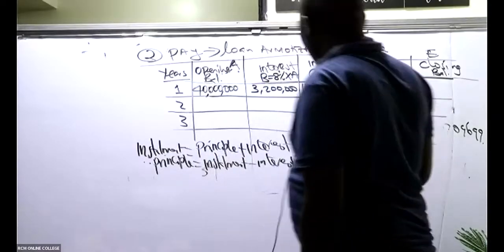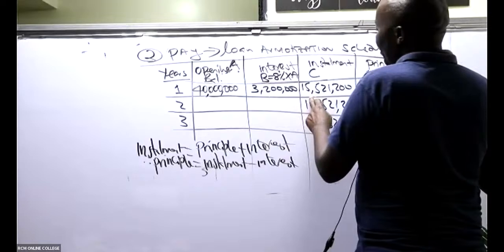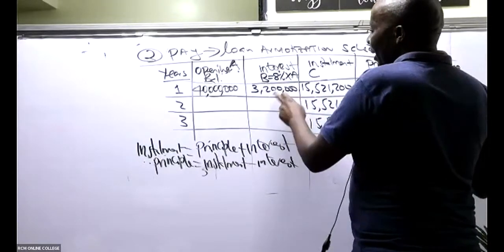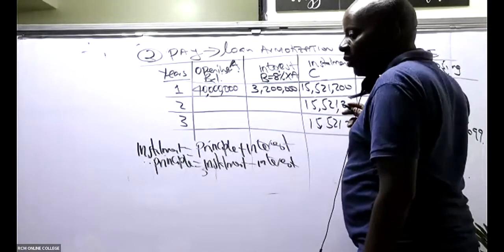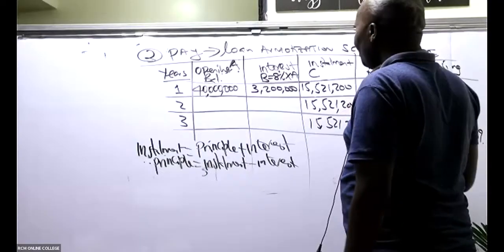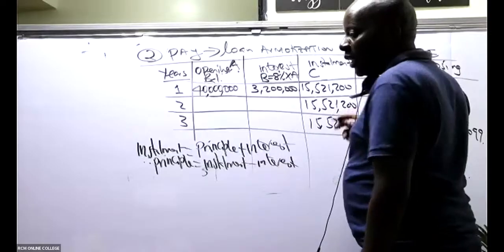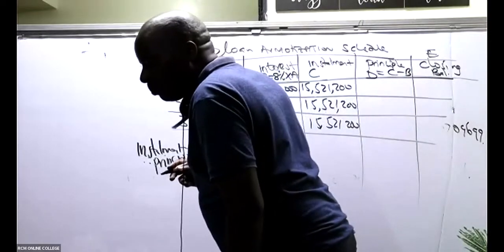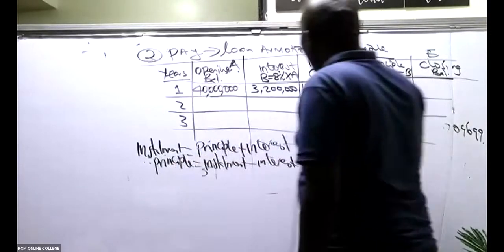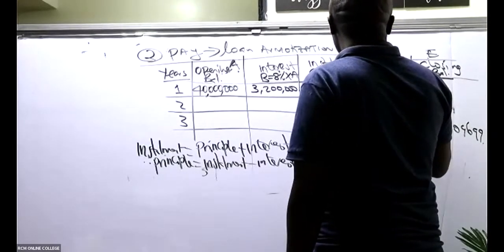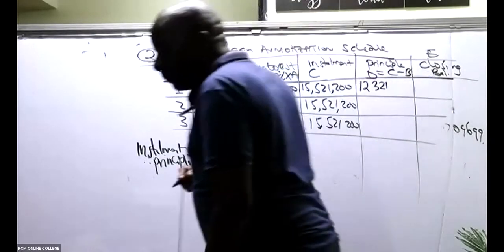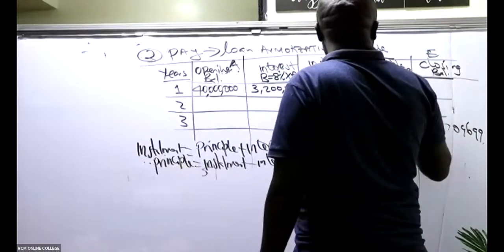The first principal, somebody here. A great ninja here called Hope says 12,321,200. Thank you so much.